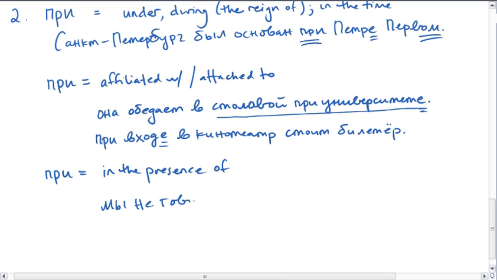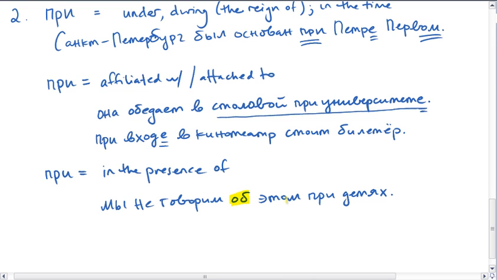Мы не говорим об этом при детях. Right, so here we actually have two examples of the prepositional case, right?